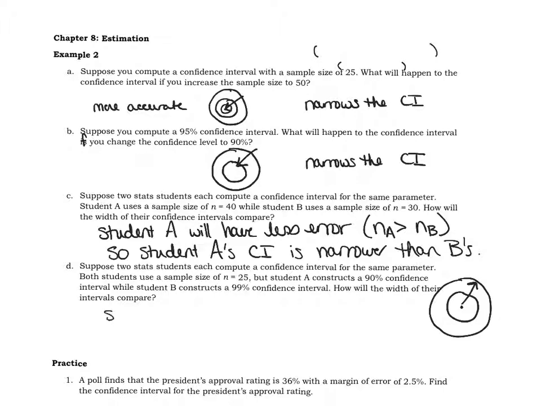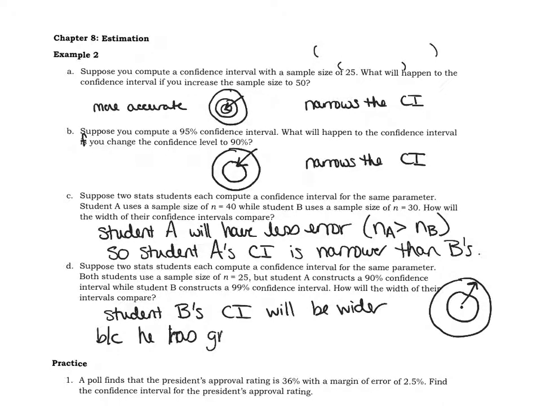So student B's confidence interval will be wider because, I don't know if it's a he or a she, we'll say it's a he today, he has the greater level of confidence. Again, he's got the bigger target, so his interval will be wider.